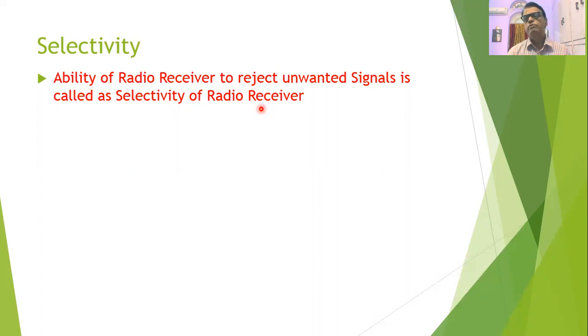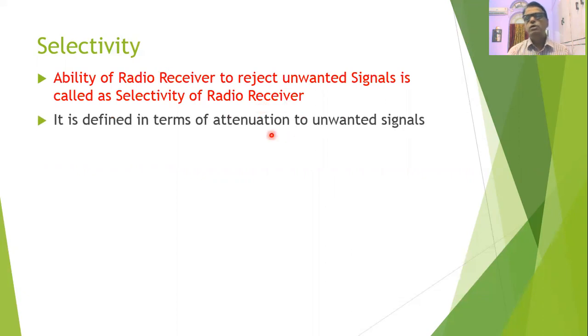Many times we find that when we select one station for hearing, we may need to hear many other sound signals. These sound signals are unwanted and are called noise. So every radio receiver must reject all the noise and it should process only the signal that is selected by the user. This ability of the radio receiver is called the selectivity of the radio receiver.